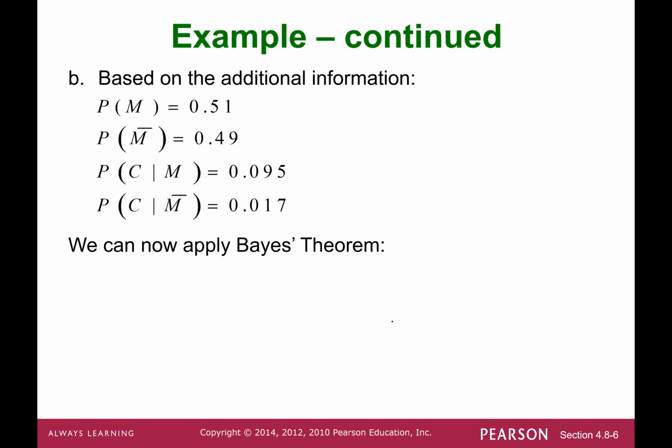All right, now we have figured out those two. The probability of cigar smoker given male is 9.5% of males smoke cigars, so it's 0.095.